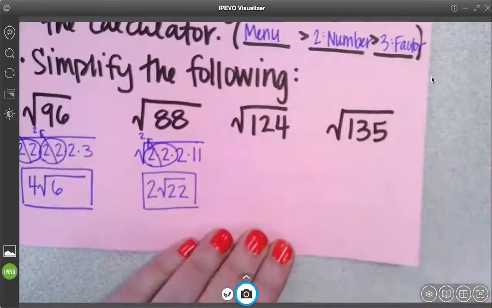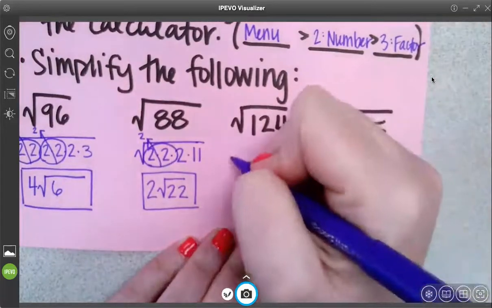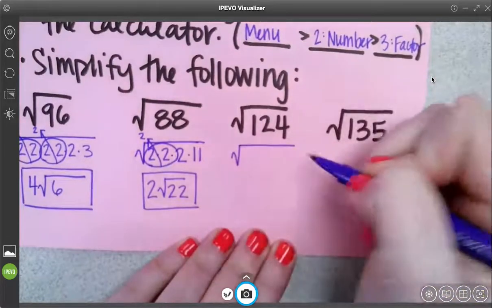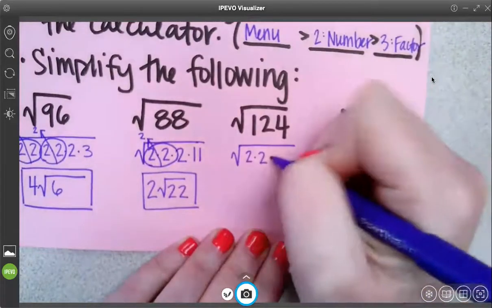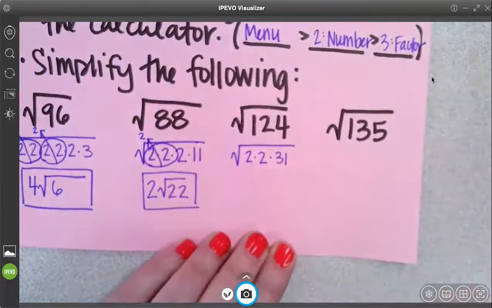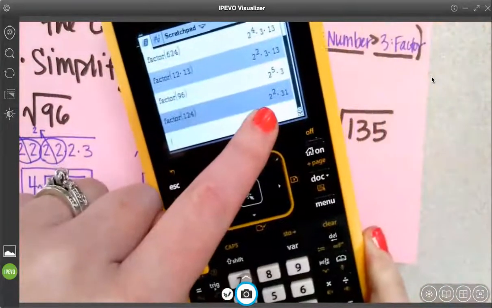Next, we have 124. So again, go ahead and do menu number factor if that's how you're planning on doing this. This is 2 squared, so there's 2 2's, times 31, right? And this is just what your calculator is telling you, right? 2 squared means 2 2's and the 31.